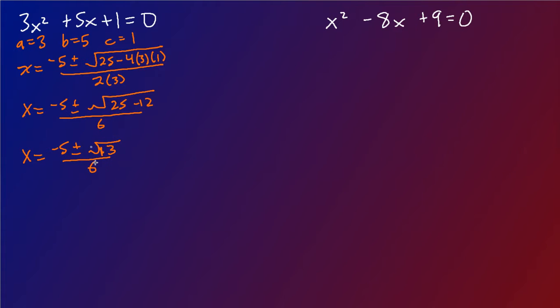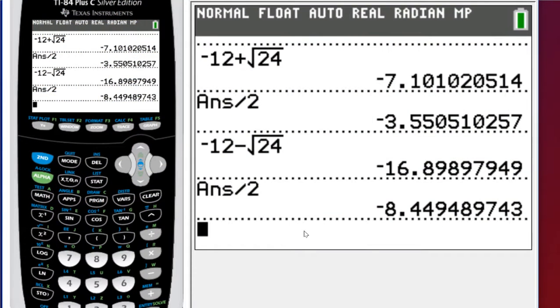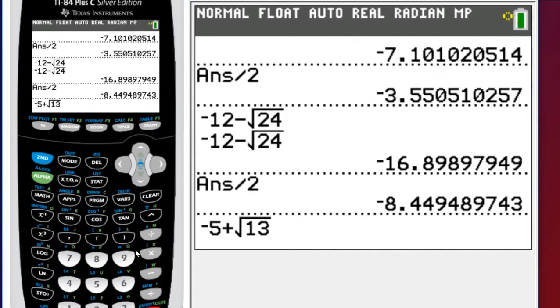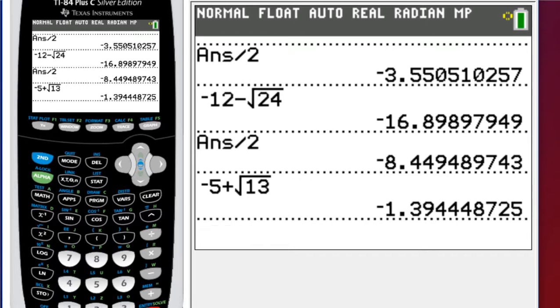So this time I can't simplify that square root of 13, so this is my exact answer, but sometimes we want an estimate. And if we want an estimate, we go ahead and use the calculator. I split that up into x equals negative 5 plus square root 13, all divided by 6, and x equals negative 5 minus square root 13, all divided by 6. So I put that in the calculator and divide that by 6.